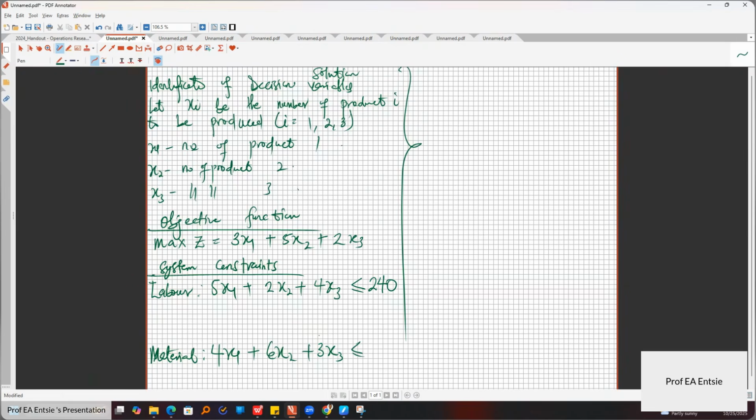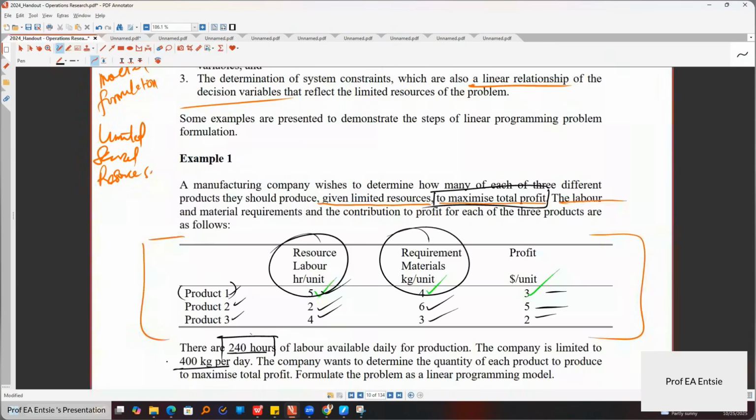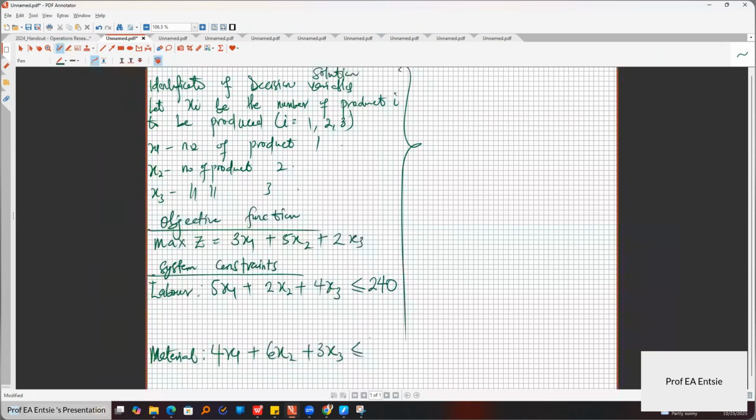And this should not be greater than the daily material requirement of 400 kilograms a day. So these are the system constraints.